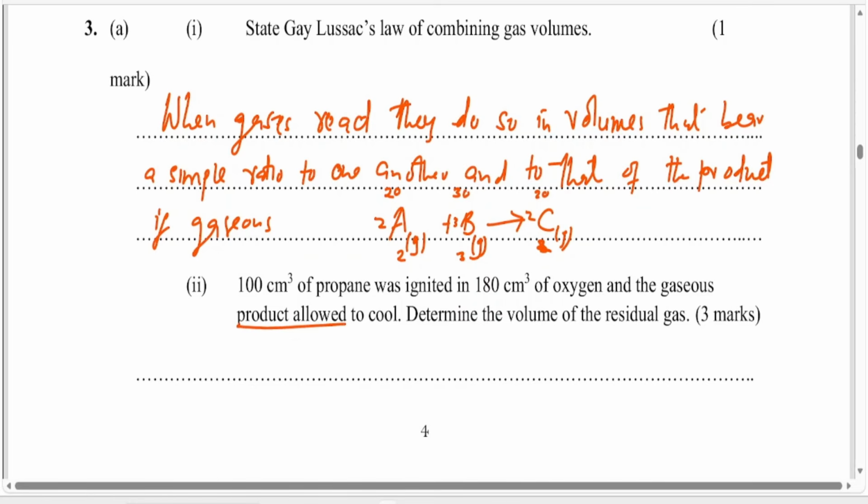So we begin here by writing the equation. Propane is C3H8, it's a gas. I react it with oxygen, which is a gas, and I obtain carbon dioxide and water.